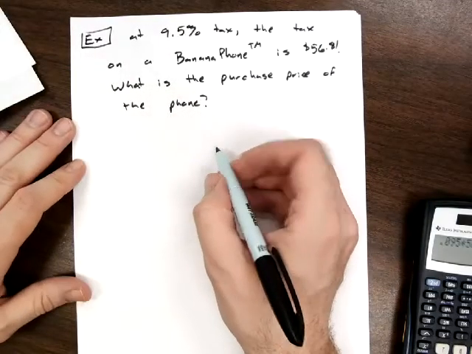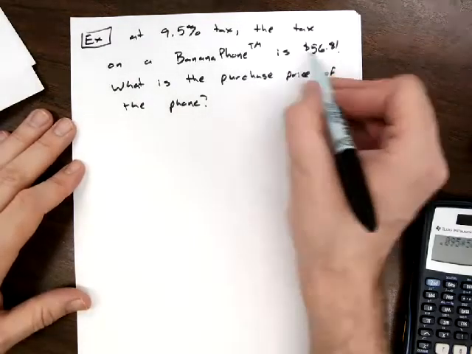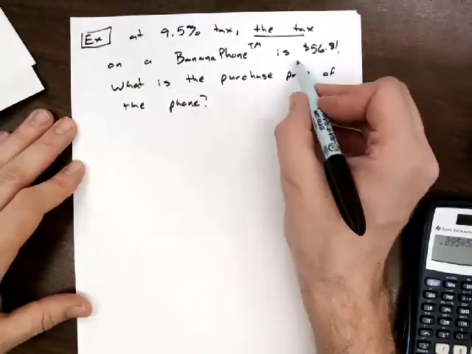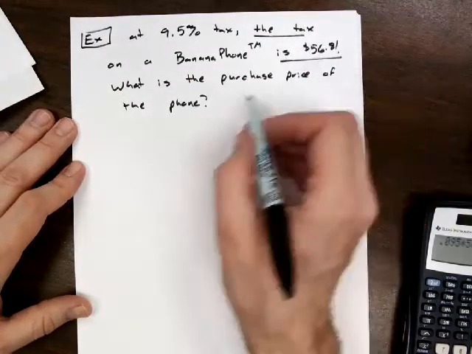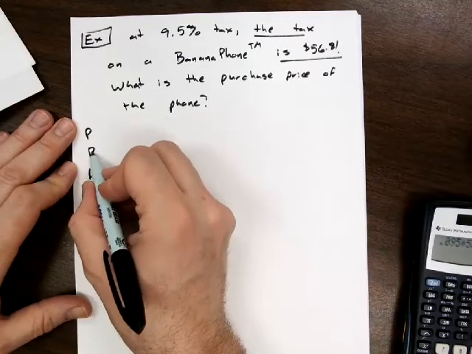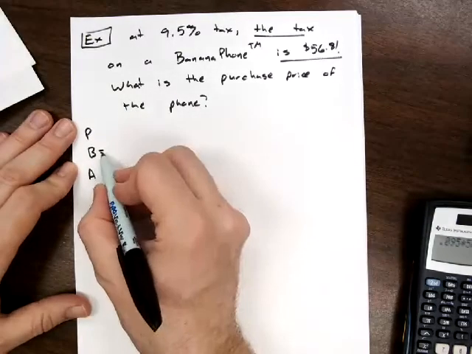Well, let's figure it out. I know what the tax is. The tax is that $56.81, so that is going to be our amount. We know what our percent is. What we're looking for is the purchase price, which tends to be that base.